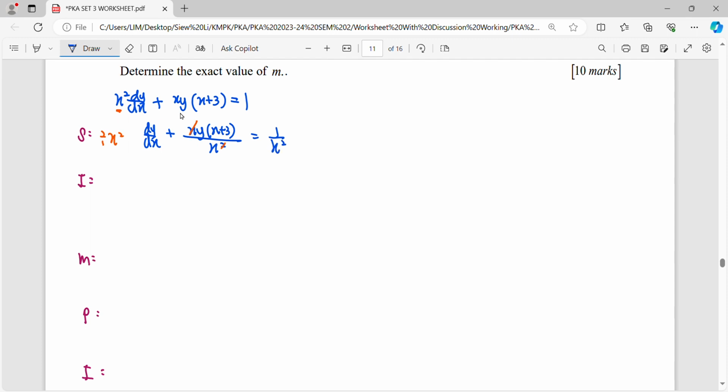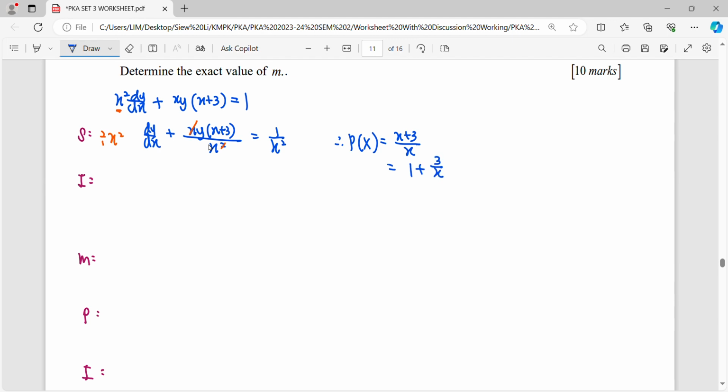After you get this standard form, the purpose here is to identify what your P(x) is, the coefficient of the term y here. The thing multiplied with y here is (x plus 3) over x, or we can simplify it to 1 plus 3 over x.